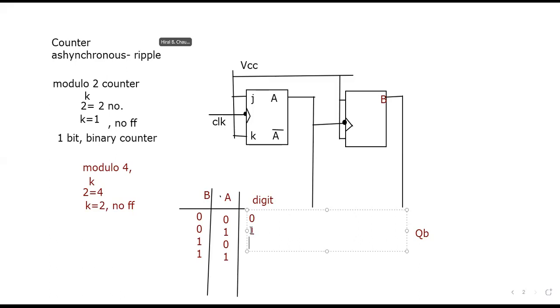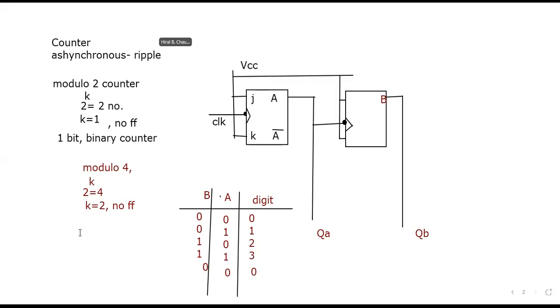Then 1 0 is the binary of 2 and 1 1 is the binary of 3. Okay, we are not going to discuss that, but this way we would have our output. And again, it would be 0 here and 0 here. So 0 0 would be again 0. Okay, so this way we have to go on for more and more.